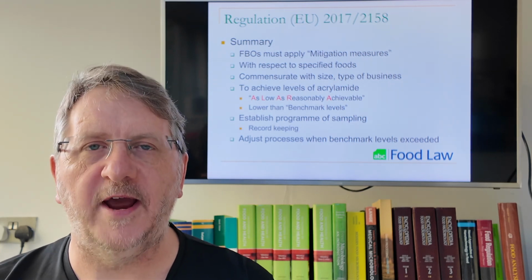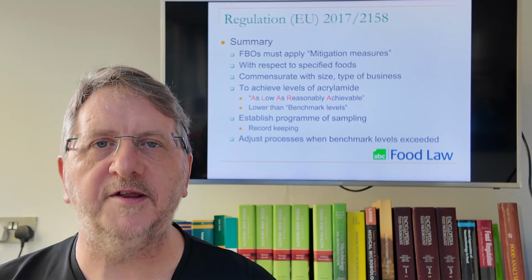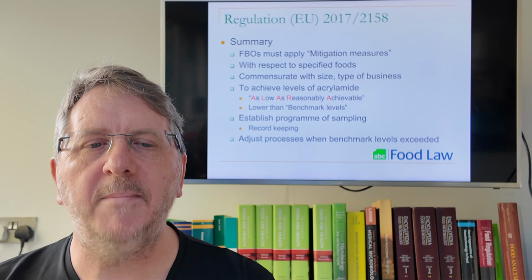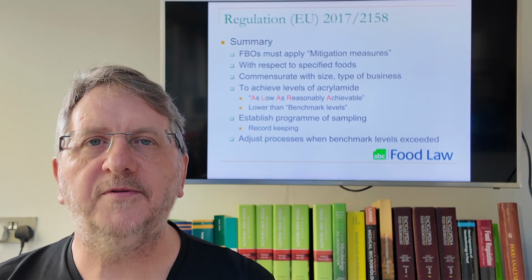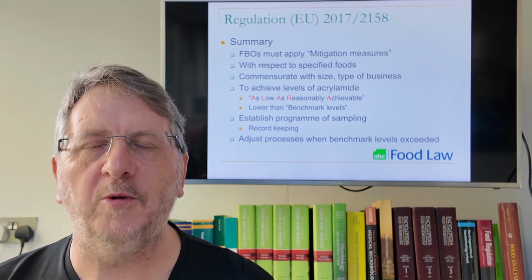Just to summarise the regs, and there is, as I say, a separate webinar for this if you subscribe to our online training service, where I'll go into a lot more detail. Food business operators must apply these mitigation measures with respect to specified foods. It's not all foods. It's only the ones set out in the law.